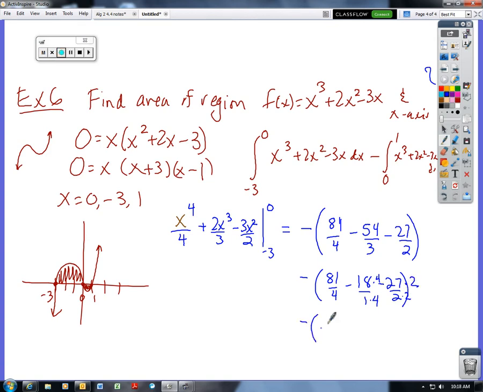So, 81/4, 18 times 4, I'm going to use my calculator so I don't make any mistakes, is 72/4, and then 27 times 2 is 54. So 81 minus 72 minus 54 is negative 45/4. And there is that negative out front still. So negative, negative. So we're going to end up with 45/4 for this area right here.